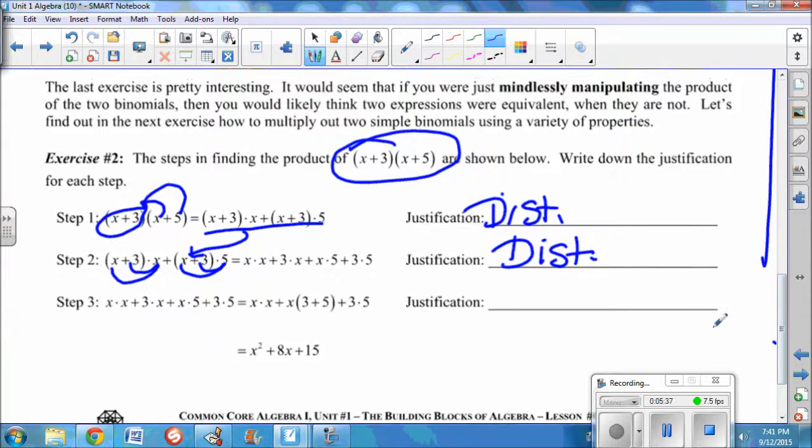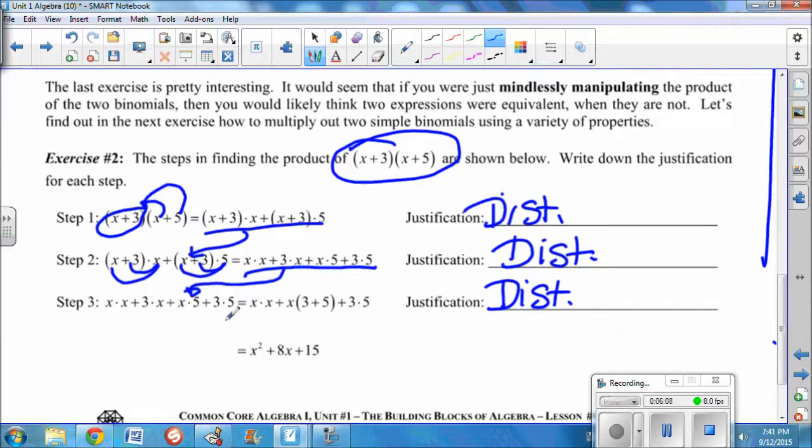And this last step, let's see what happens here. How did we manipulate it? We got x times x plus x times the quantity of 3 plus 5, plus 3 times 5. What has happened again there? We've got the distributive property a third time.